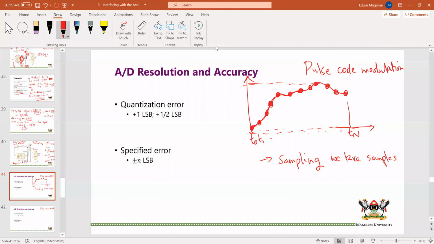The idea with analog is that if this is my analog signal and I take a sample here and I take a sample there, I don't need to know these values of the analog signal. Remember the analog signal, these values could be anything. The idea of an analog signal is that it's continuously changing and it could take on an infinite number of values. But if I can take a sample here, a sample here, and then another sample here, then I don't need to know these values in between for me to be able to reconstruct the signal.